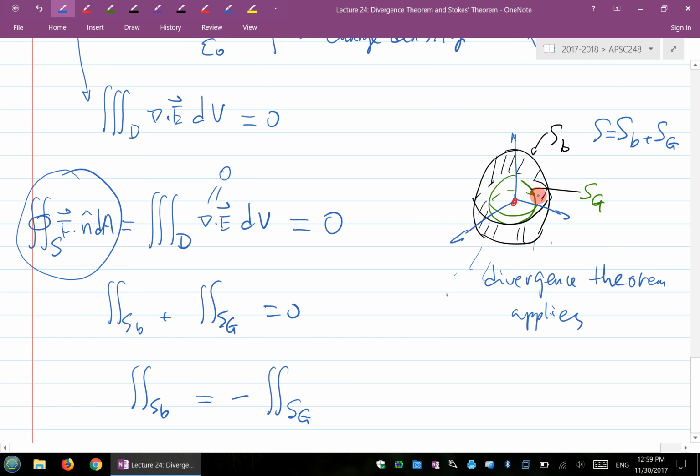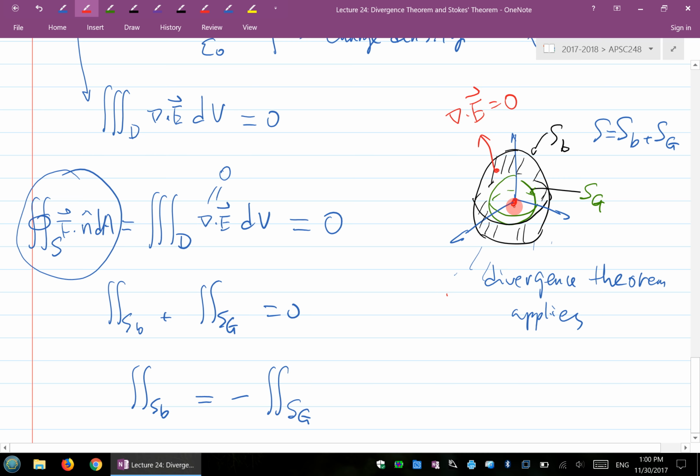And if you pick a point inside here, the divergence equals 0. So no sink, no source, no flowing in, no flowing out. That's actually quite special for the electric field of a point charge. But the divergence is not 0 at the origin.